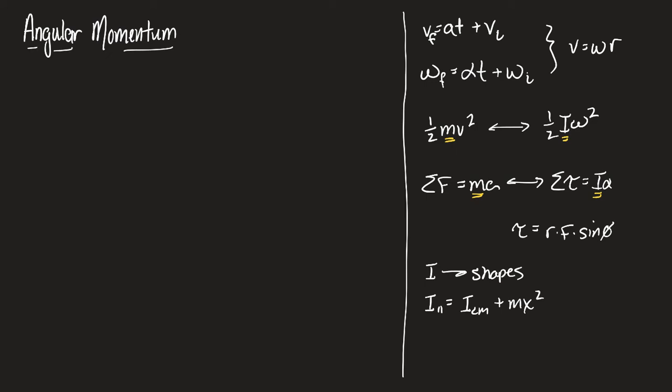If you remember linear momentum, we had specific things that were important. First, momentum, lowercase p, was a vector, and it was the product of mass and velocity, and it took its direction from the velocity.